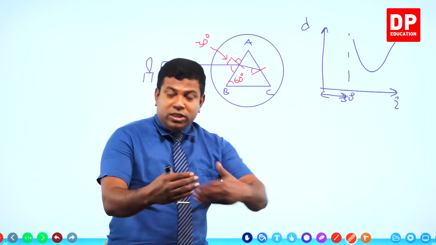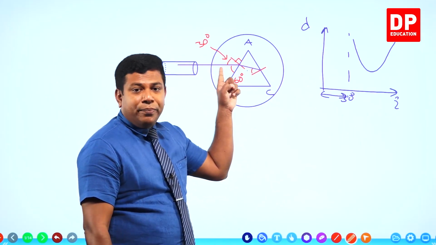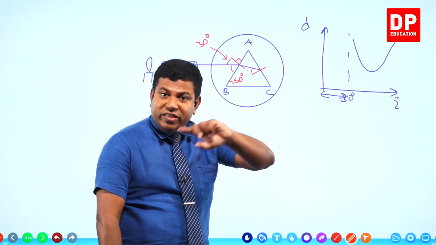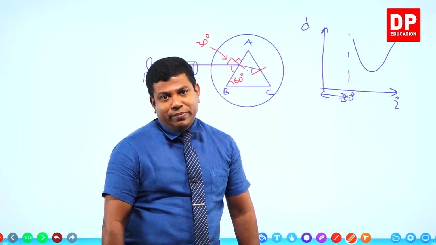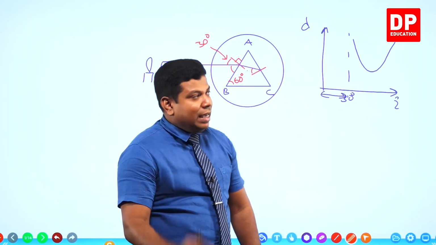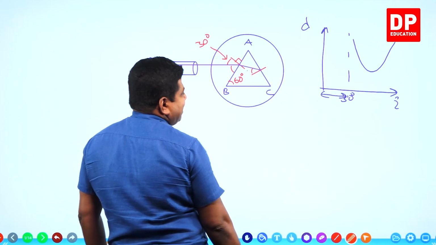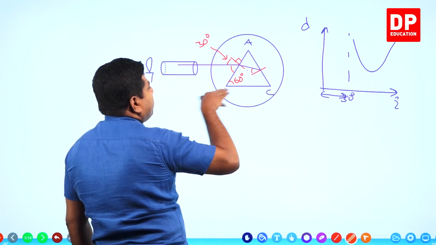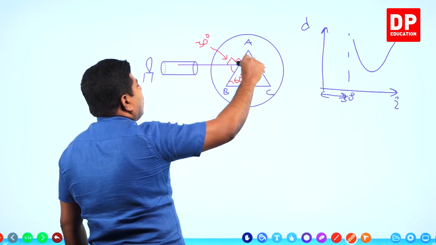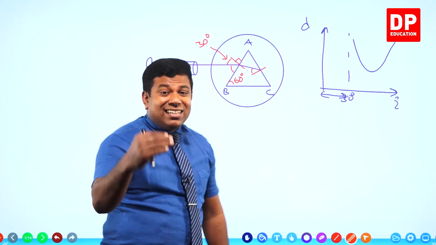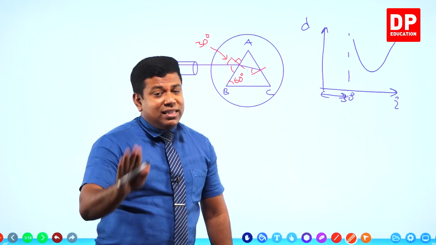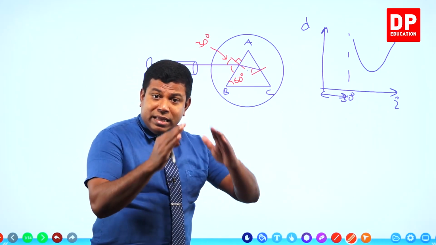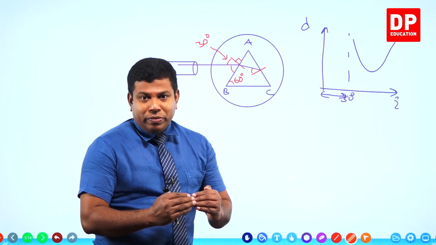Because 0 to 30 degree incident angle on this side, then on the second surface, there will be total internal reflection happening. Understand? That is why we usually say, keep one side of the prism to be parallel to the collimator at the initial step. Remember, this is applicable to equilateral prism, right?